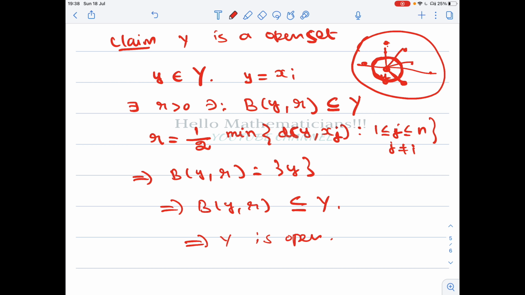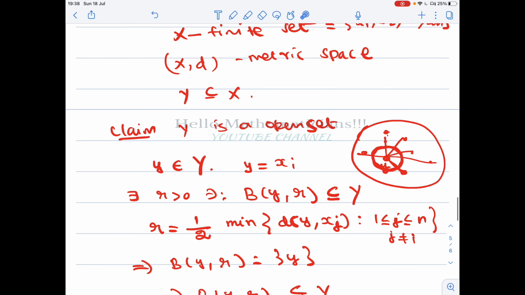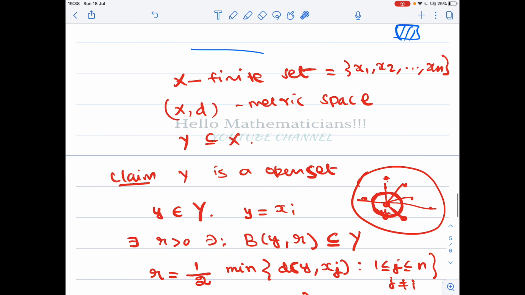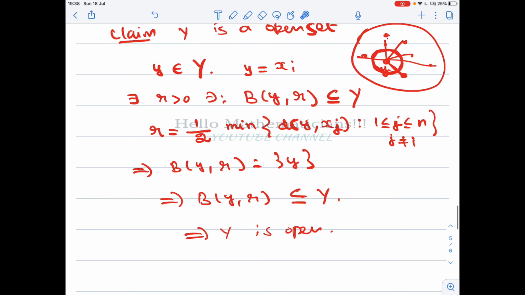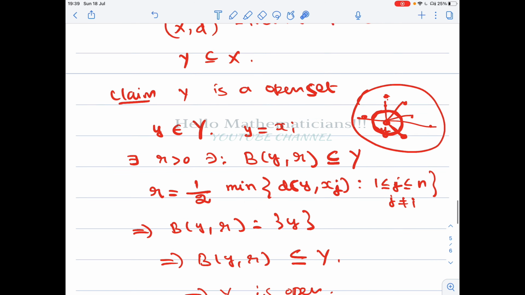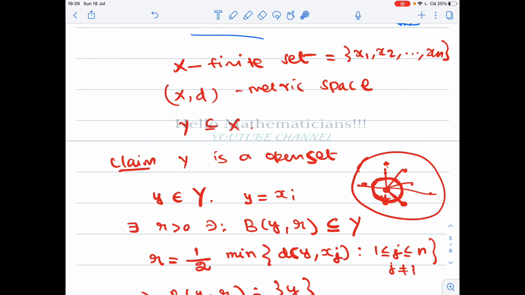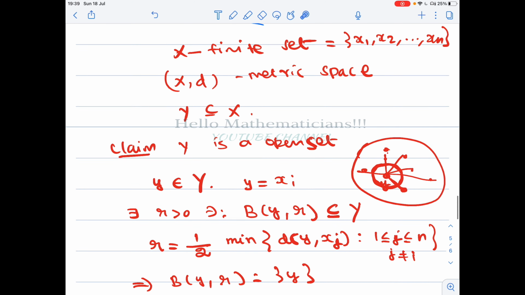So basically, if you take any finite set and look at a finite metric space, you can prove that every subset is an open set. I hope this argument is clear. You just think pictorially, then it is fine. So finally, finite metric spaces are discrete. In other words, all the subsets are open.